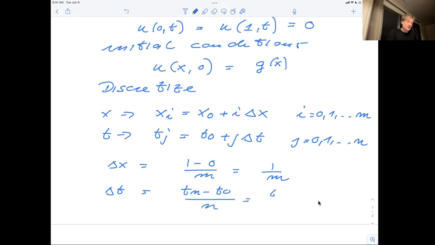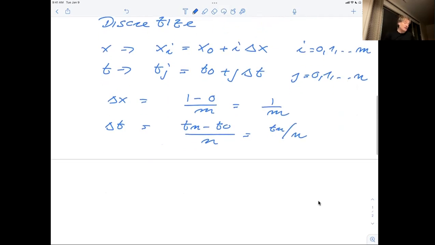So that will be given by t of n divided by n. So these are now constants which we use to define the problem. Then we are going to let u of x of t, in principle I should have used another symbol because they're not exactly the same functions, but I'm going to keep the same symbol here. So this is going to be given by an x of i and then a t of j. And we would typically write this out as u i j.